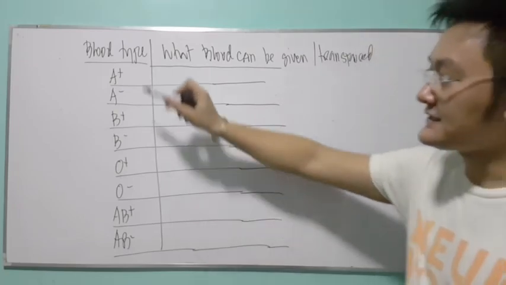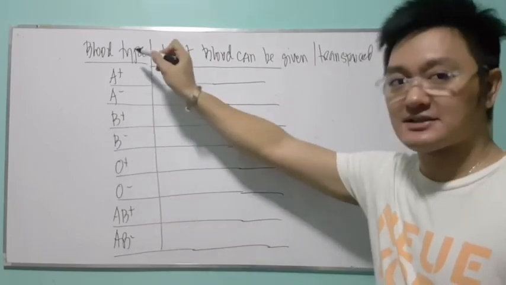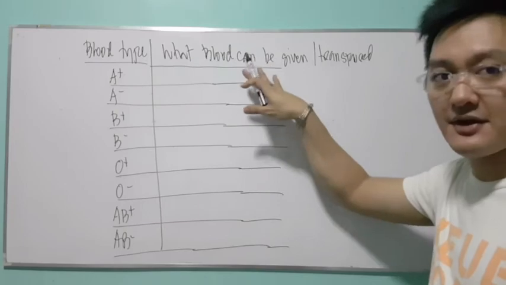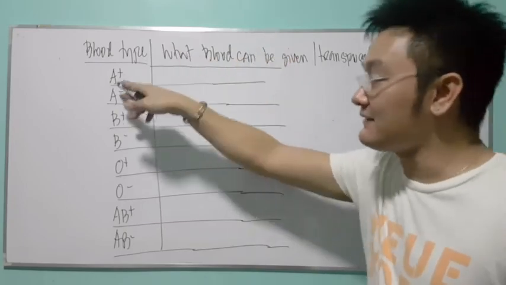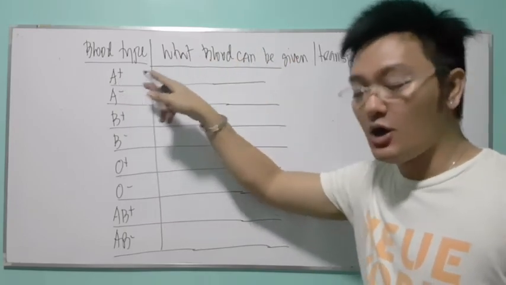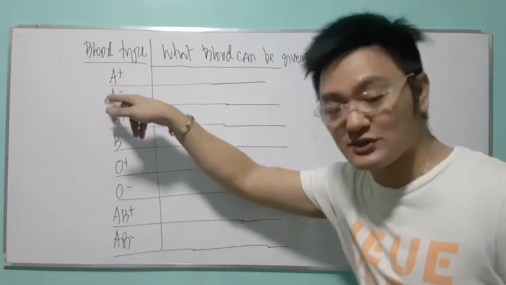So these are the blood types of the patient, and I'm going to write here the blood that can be given to a patient with this type of blood, or a blood that can be transfused to this type of blood.